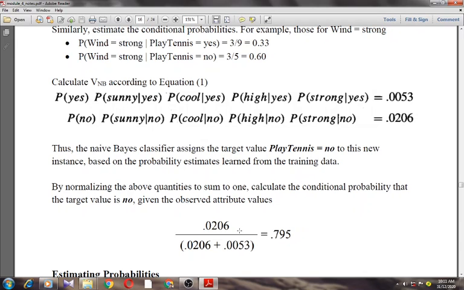So this probability is 0.0206 divided by 0.0206 plus 0.0053, which comes to around 0.795. So this is the probability as per the given formula for the current example.